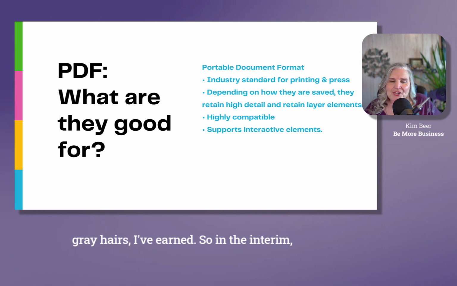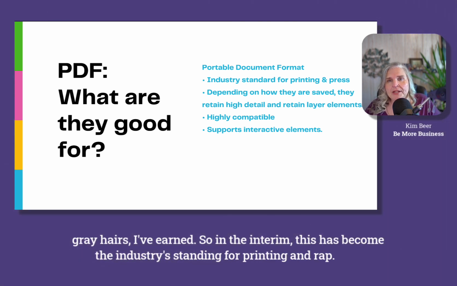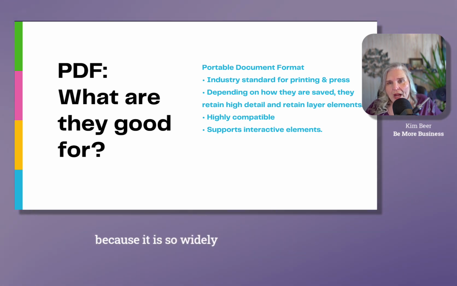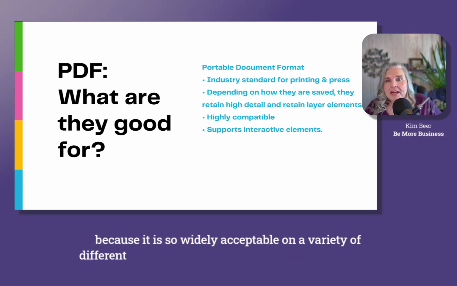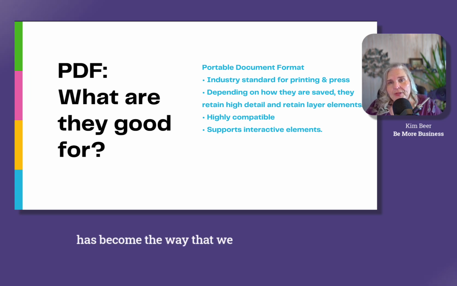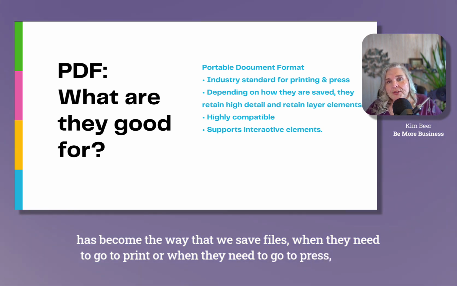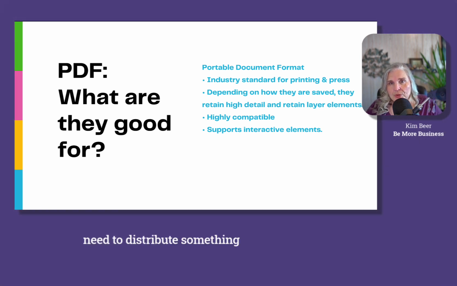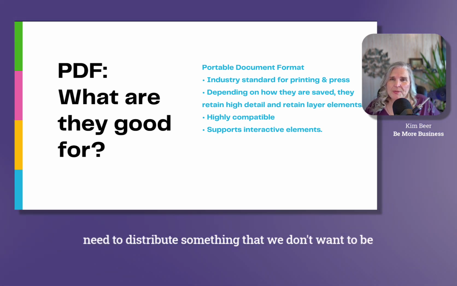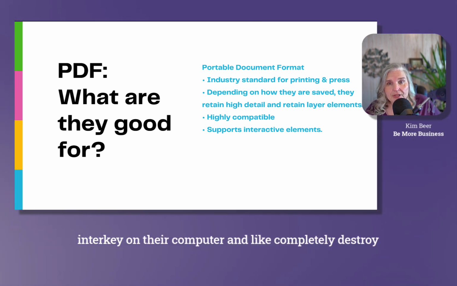So in the interim, this has become the industry standard for printing and press. Because it is so widely acceptable on a variety of different software platforms, programs, everywhere. It has become the way that we save files when they need to go to print or when they need to go to press, or if we need to distribute something that we don't want to be easily and readily editable, like somebody can click the enter key on their computer and completely destroy the formatting.